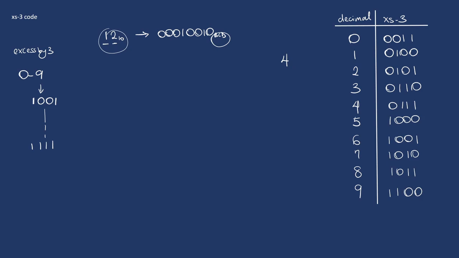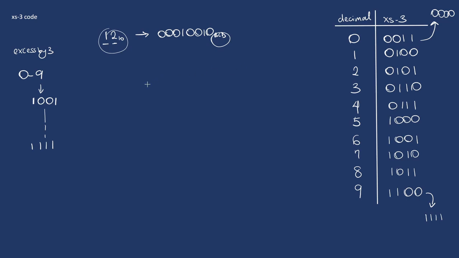But in XS-3, on the other hand, they are still going to be forbidden digits, but now it's not just going to be from 0 to 9. It's going to be from whatever, from this down to 0, and from this up to 1111, 0000. So that's literally how it's done.